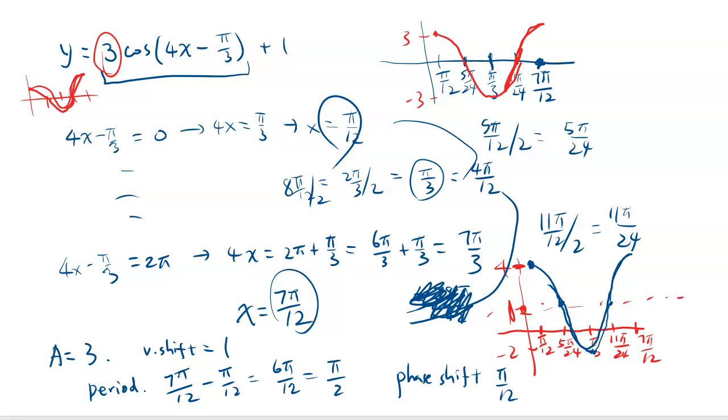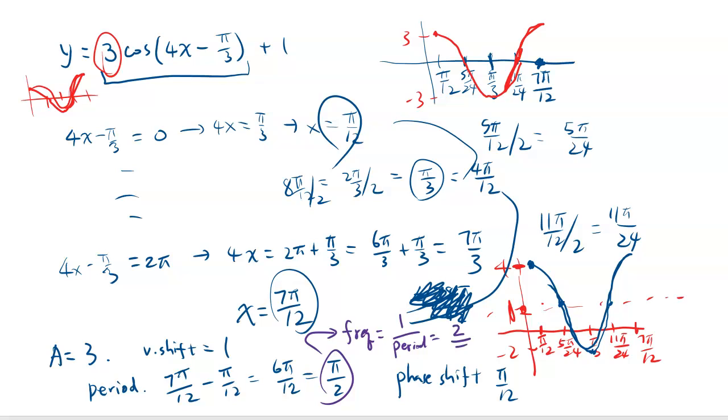Now there's one more thing that people like to talk about and I didn't mention. So let me use a different color just to make a point. So in addition to this, there's something called the frequency, which is 1 over the period. So in other words, you take the reciprocal of the period, that's called the frequency.